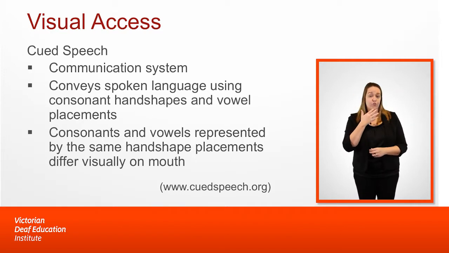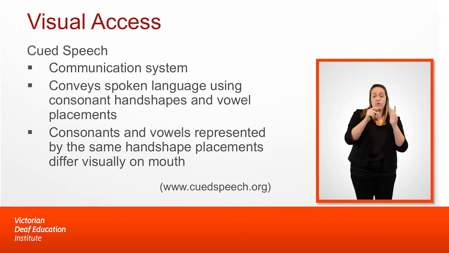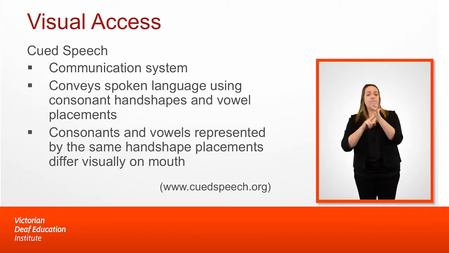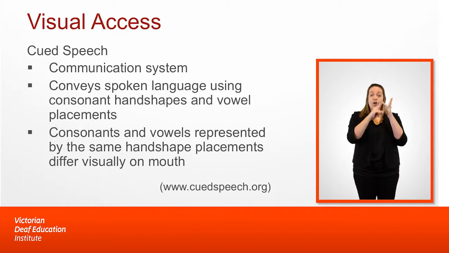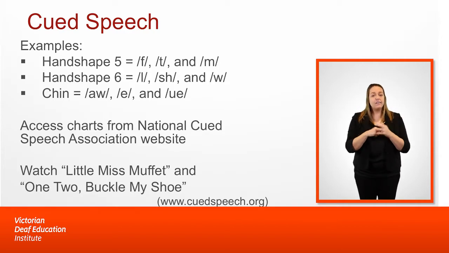Cued speech is a communication system that conveys spoken language using consonant hand shapes and vowel placements. Consonants and vowels are combined, so cueing is done in syllables, and it helps differentiate speech reading. So, for example, the hand shape 5, which is produced with a flat hand such as this, represents 3 different phonemes: f, t, and m.